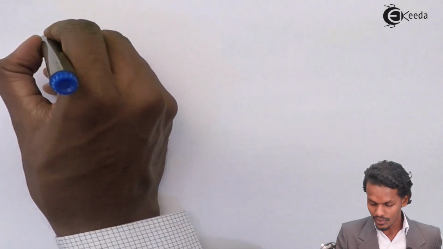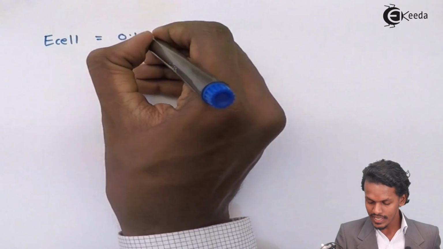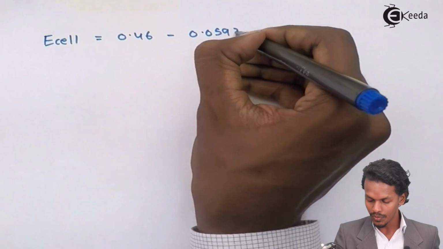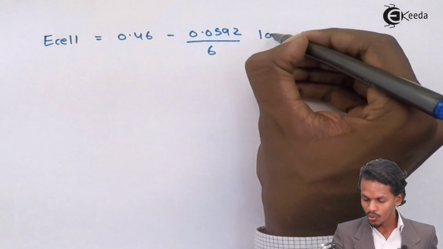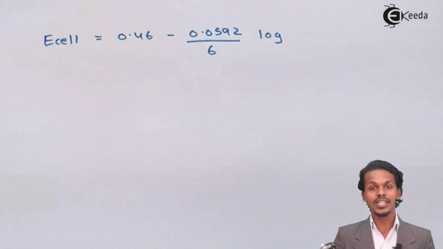So in this case, E cell is equal to 0.46 minus 0.0592 divided by 6 log to the base 10 of, let me calculate the square of 0.0065.